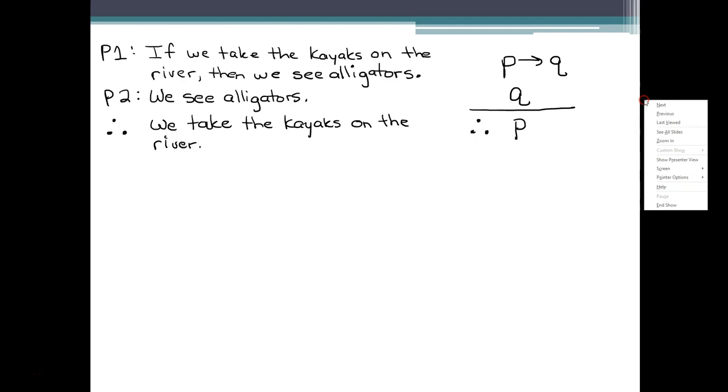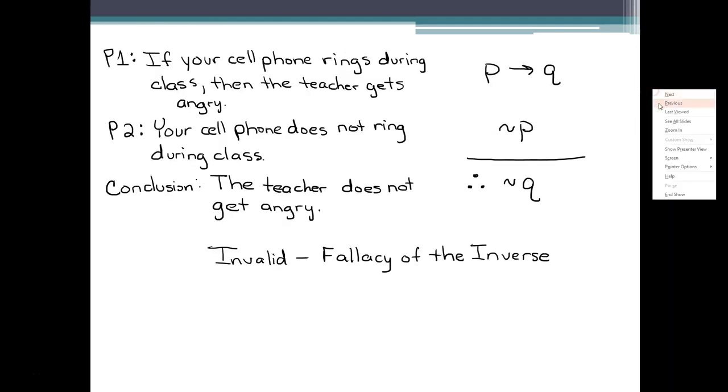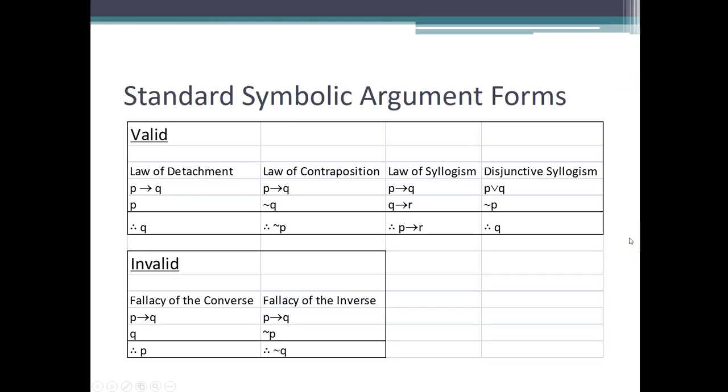Let's go check back at our slide with the scenarios. What do we got here? We had if P then Q. If we take the kayaks on the river, then we see alligators. We had Q, we see alligators. And then P, we take the kayaks on the river.